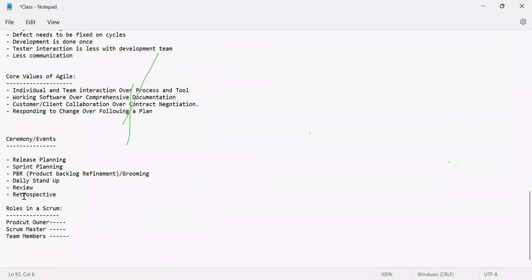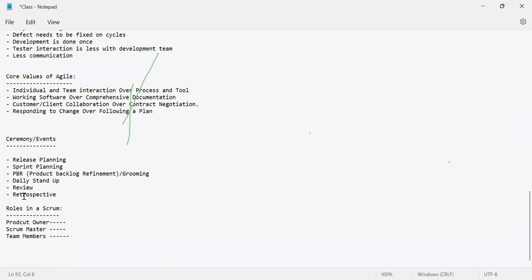This is all about events and roles in Scrum. Questions? With this, I think I am done with agile methodology. Only thing is, tomorrow I'll show you the pictures of the Jira board.